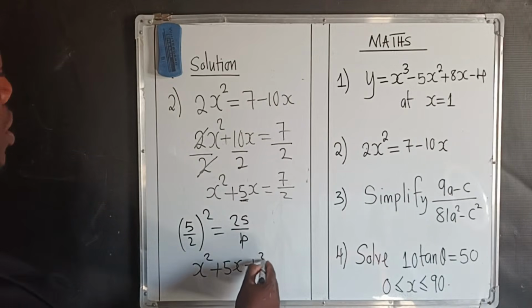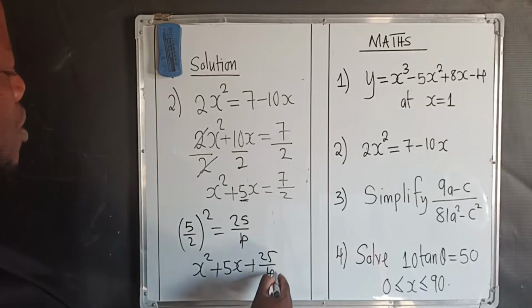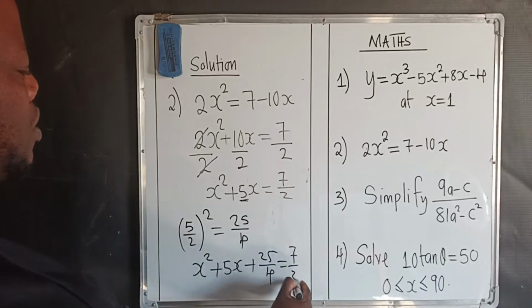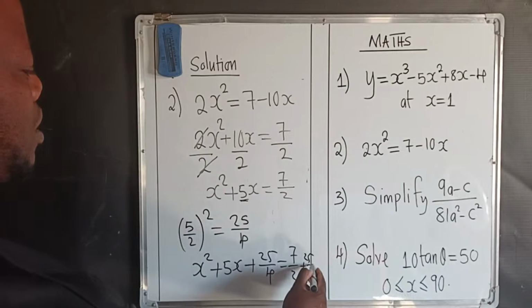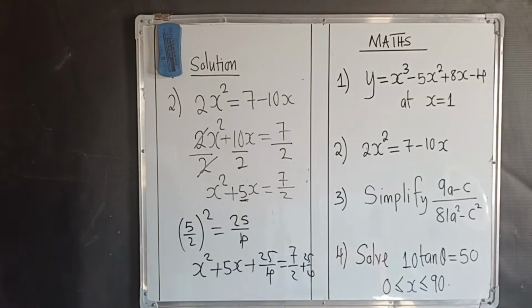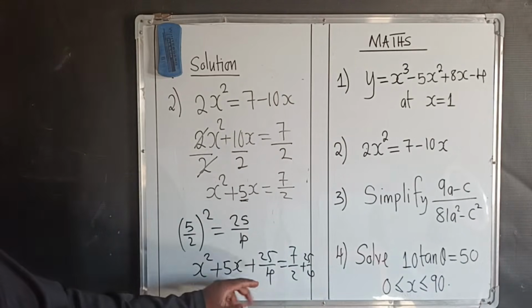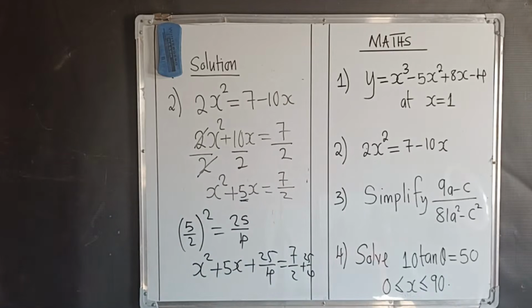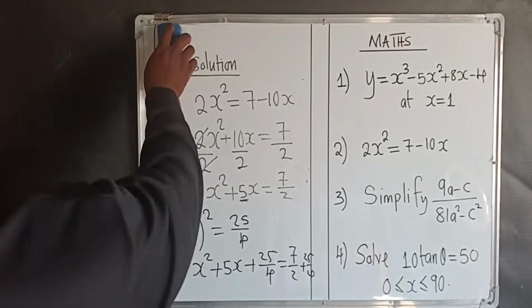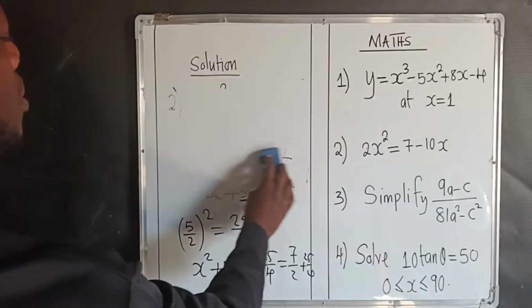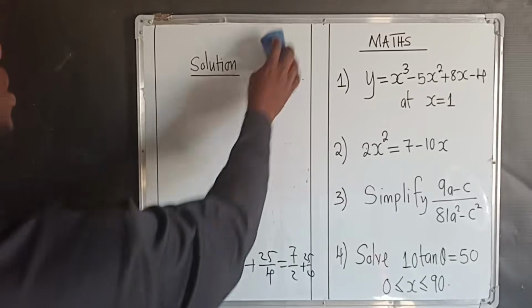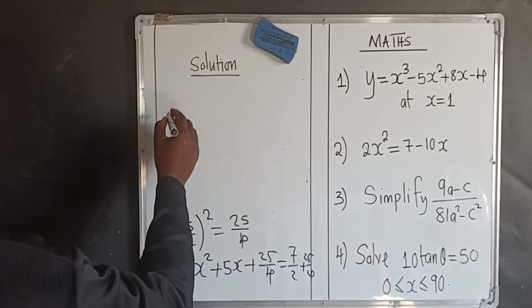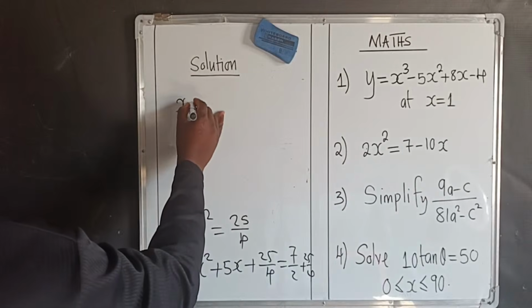So we say plus 25 over 4 equal to 7 over 2 plus 25 over 4. I guess you've seen this 25, you added to this side of the equation and the other side, and this is what I've done. Okay. So now from this point, you are simply going to write the perfect square.